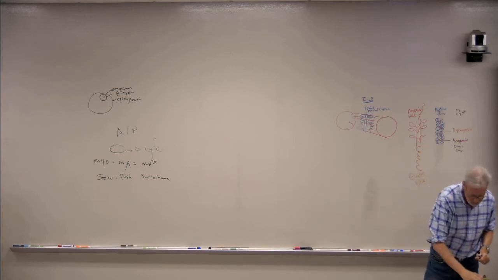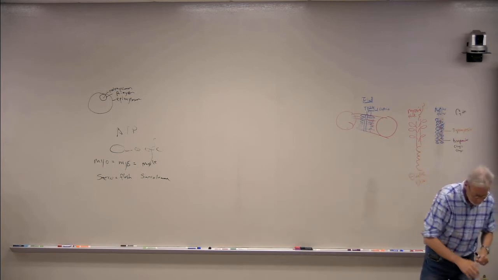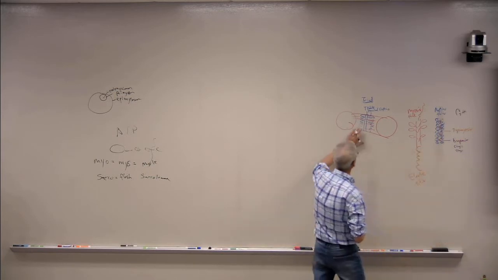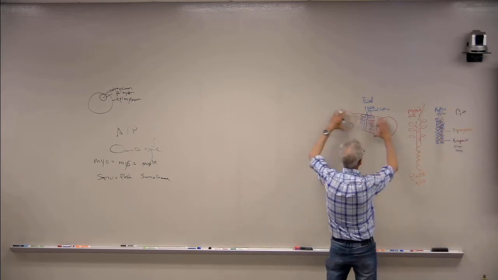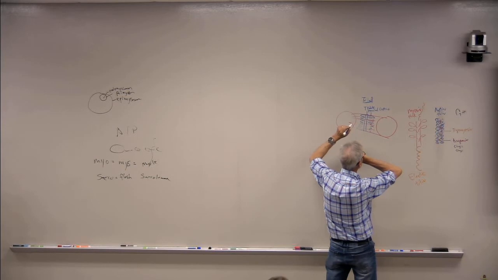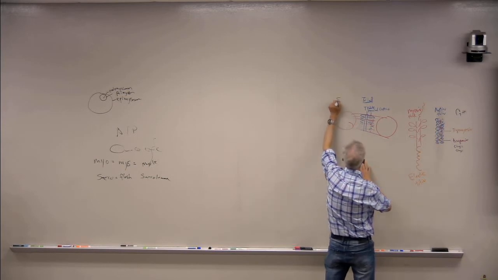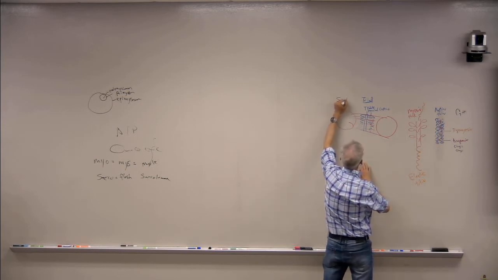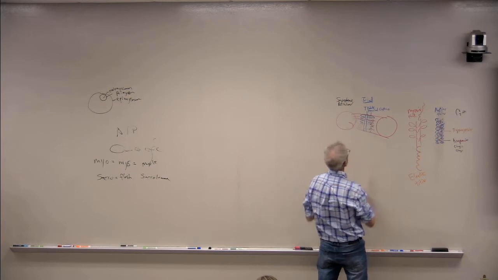This is around all muscle cells, and it is called the sarcoplasmic reticulum.